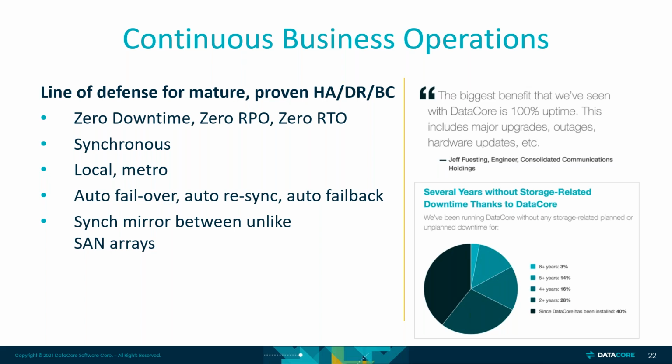There's also the ability that the software automatically fails over, as well as resyncs and fails back on its own. So it's all automated. There's no requirement for somebody to be there watching over and having to fumble as they try to move things over to a standby machine or anything like that. In fact, some of these customers have been running, I think, 8-10 years without a storage-related hiccup that affected their users. That's quite telling.